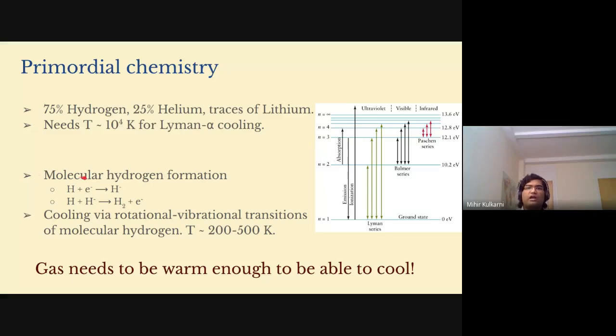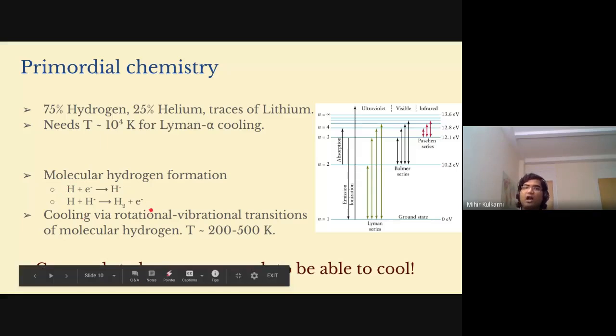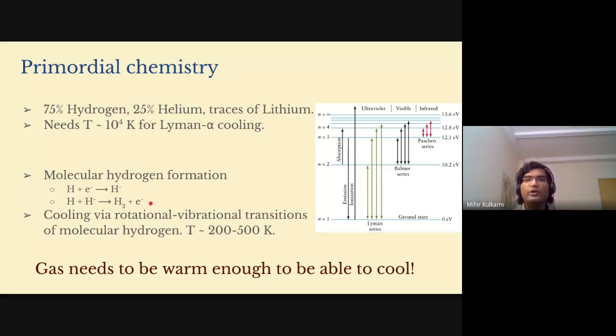However, there can be some molecular hydrogen formation as well. After recombination, even though the universe became more or less neutral, there was some electron fraction that remained, and that can combine with hydrogen to form the H- ion, which can form molecular hydrogen. Molecular hydrogen is not a very good coolant because of its symmetry, but the rotational and vibrational transitions of molecular hydrogen can cool the gas to about 200 to 500 Kelvin.